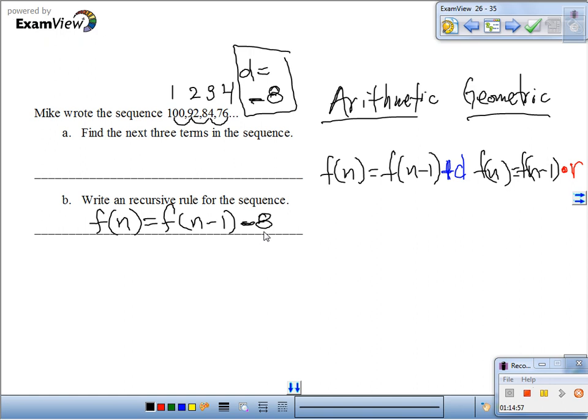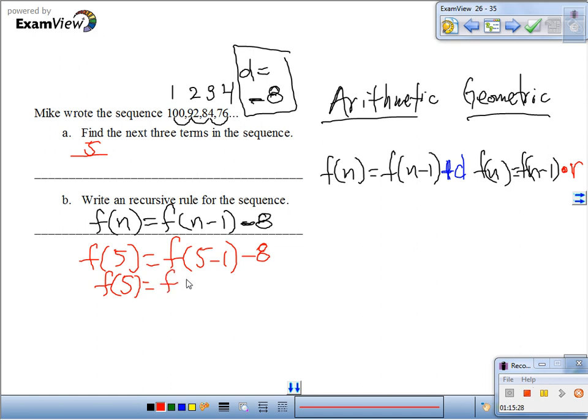All right. So they want us to find the next 3 terms. Okay. So what is the next term that we need to find? We have 4. What is the next one? 5. So let's see. So I'm going to substitute in here. F of 5 equals f of 5 minus 1 minus 8. F of 5 equals f of 4 minus 8.